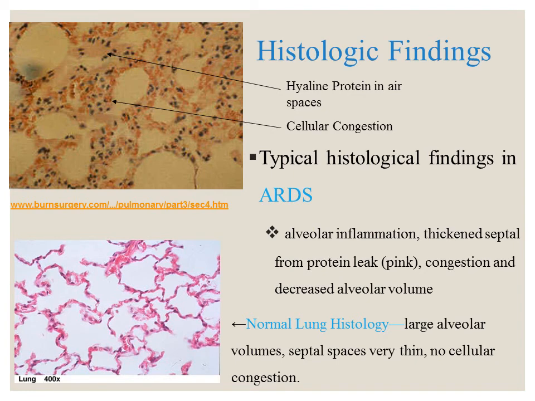These are the histological findings: the DAD or diffuse alveolar damage, the hyaline protein in air spaces, and the cellular congestion. So there is alveolar inflammation, thickened septa from protein leak, congestion of the pulmonary capillaries and decreased alveolar volume.